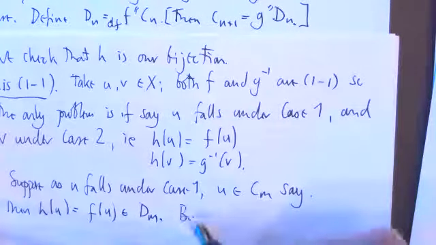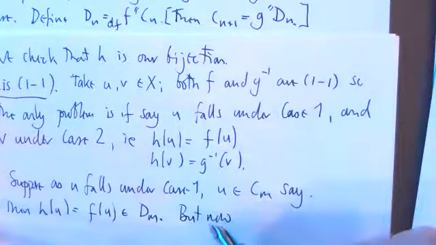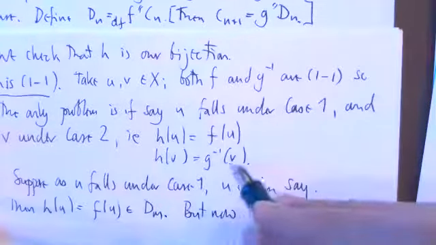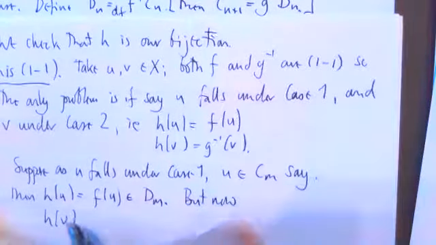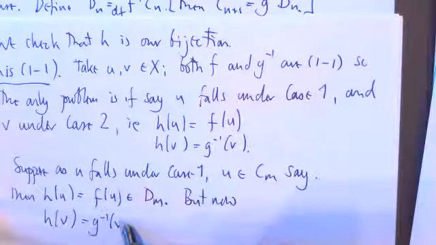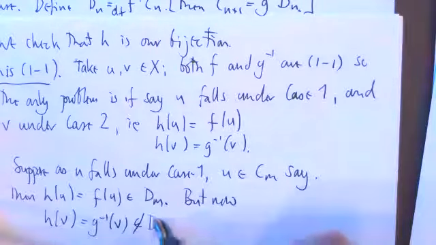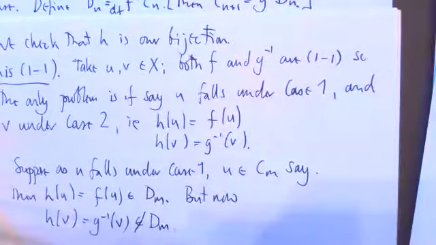But now, looking at v, look at h of v. This is g to the minus 1 of v. It's not in Dm. If it was in Dm, then when we apply g to it, we would have it in Cm plus 1. Right?